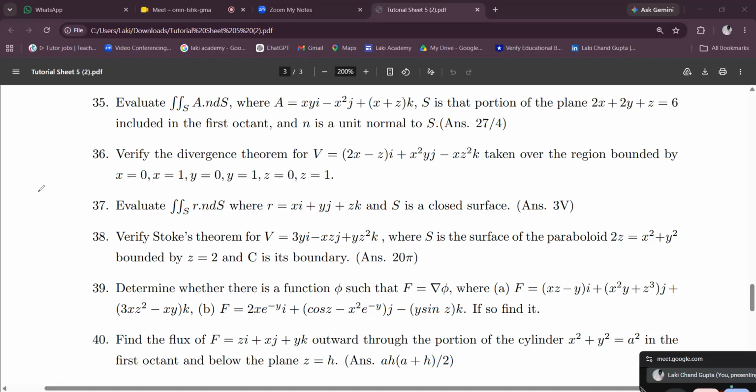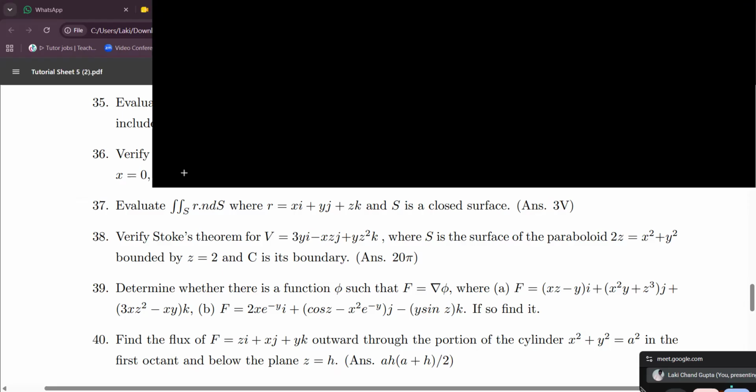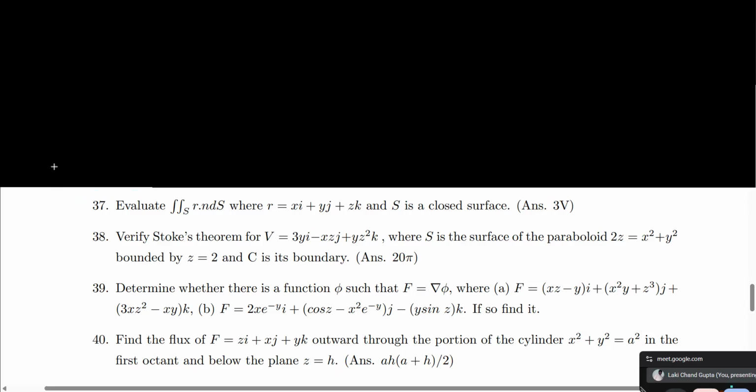Okay, 37. See question number 37. What is the integral of R dot n dS?